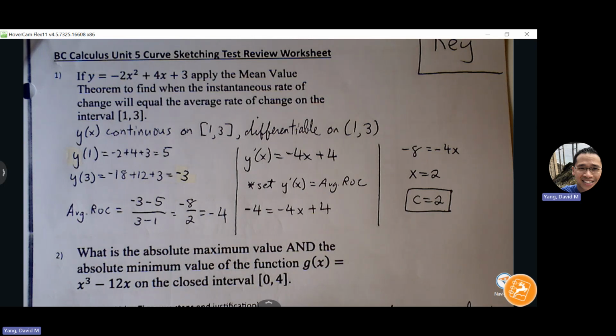But if you find the ordered pair, would you get points off? No, that's fine. But for EVT, I'm looking for the y value. EVT is y value. This one is not as specific. So here we're just looking for the C value.